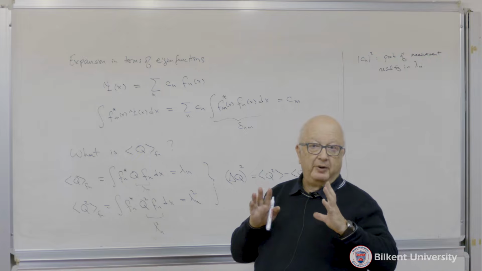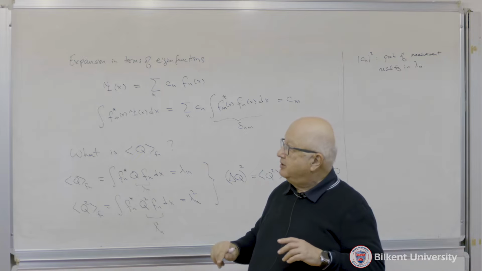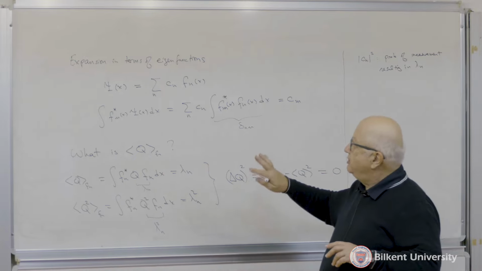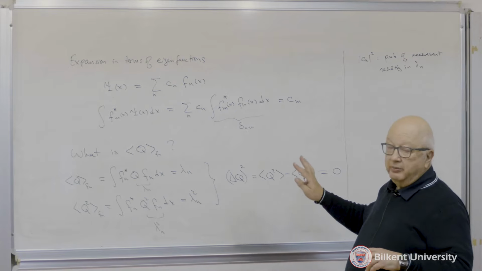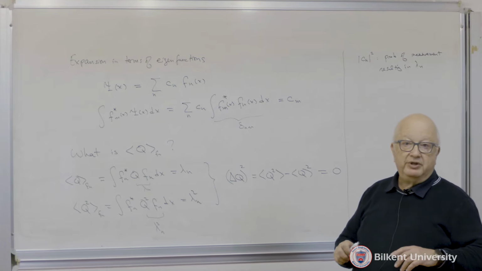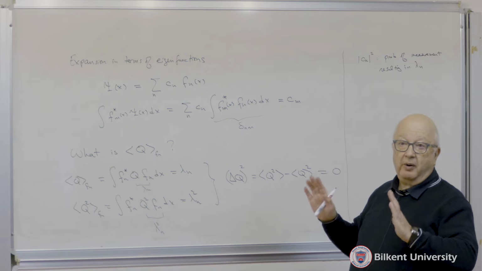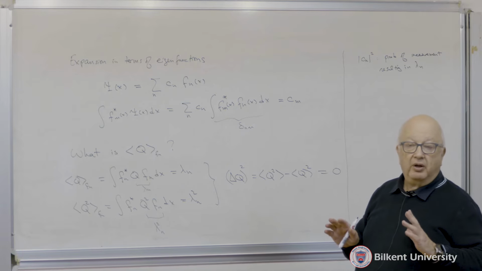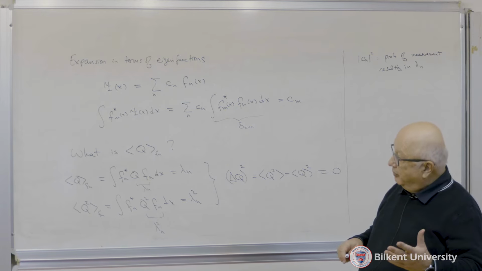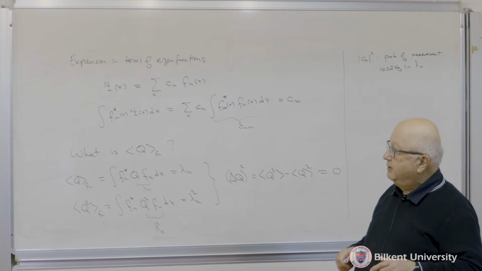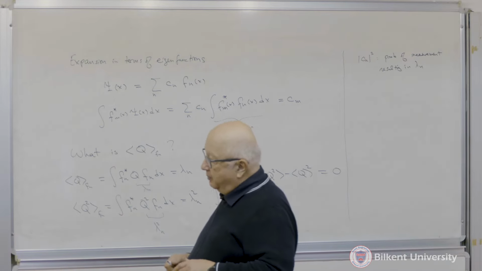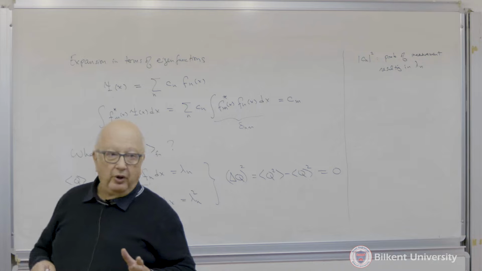So it doesn't even have to be a free particle. Now we are just talking about operators. Our discussion here is independent of the Hamiltonian. We are just working with the operators themselves. So what we are going to do next is to look at operators with continuous spectrum.